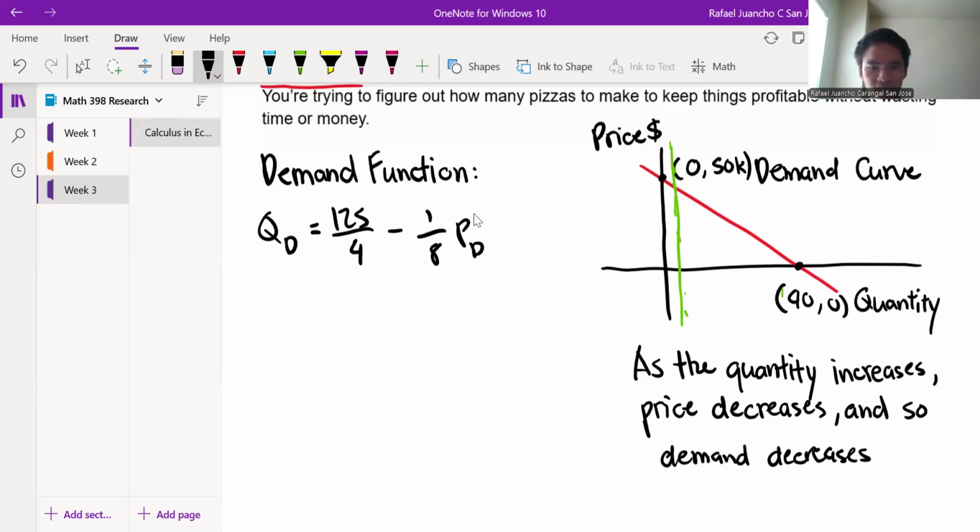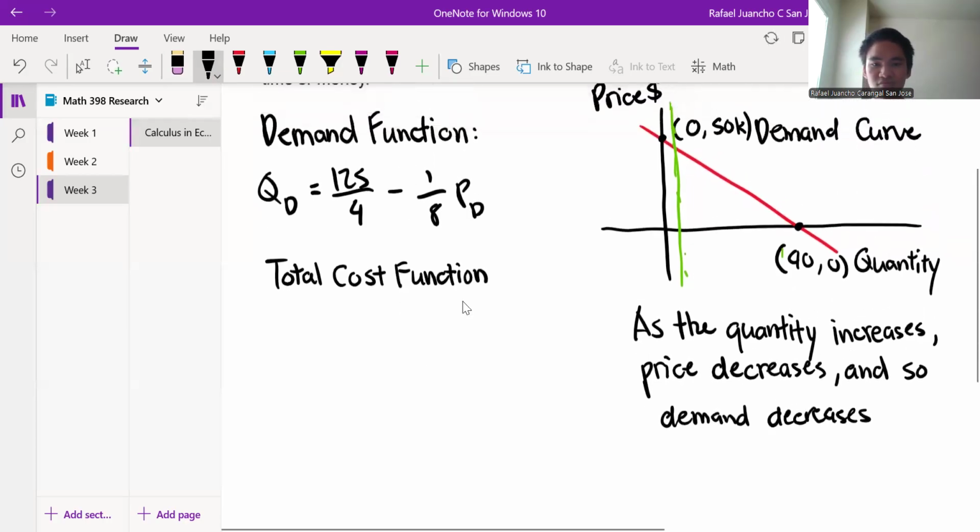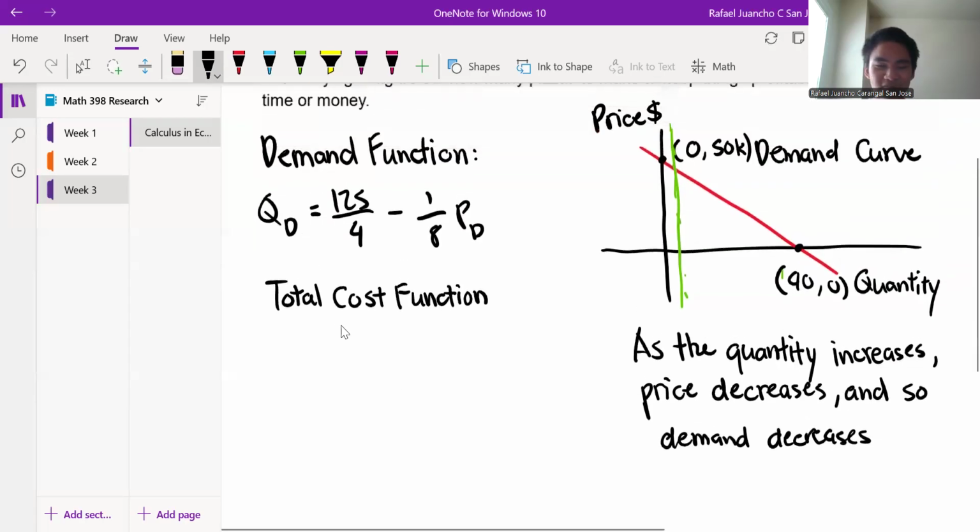And we also have this thing called a total cost function. Now, from the definition, we all know that total cost is, well, if we buy a certain quantity of pizzas, then what's our total cost?